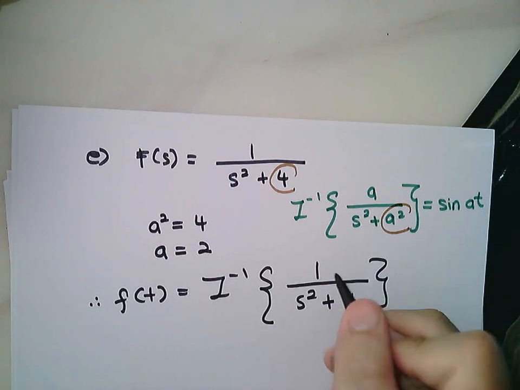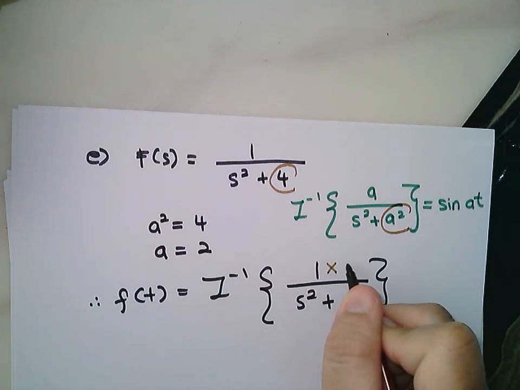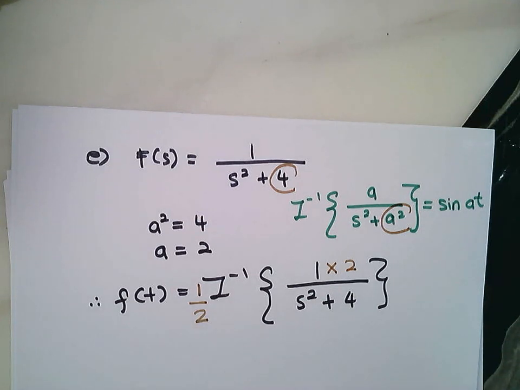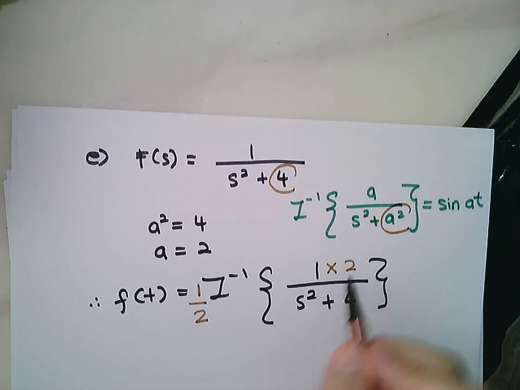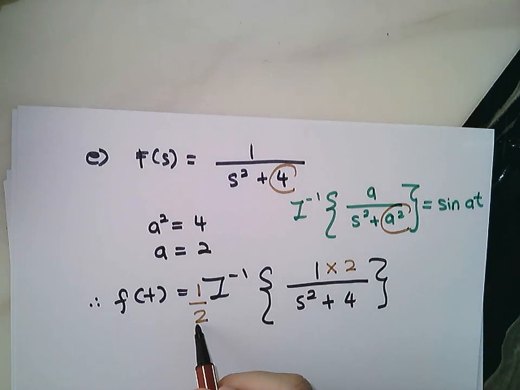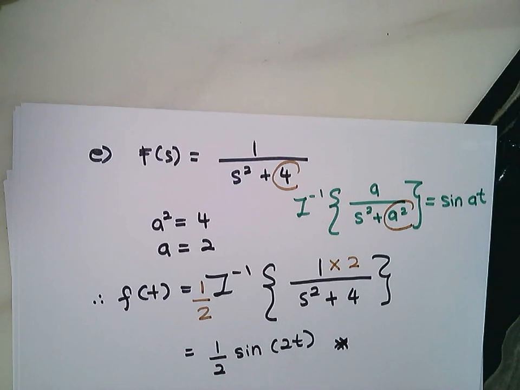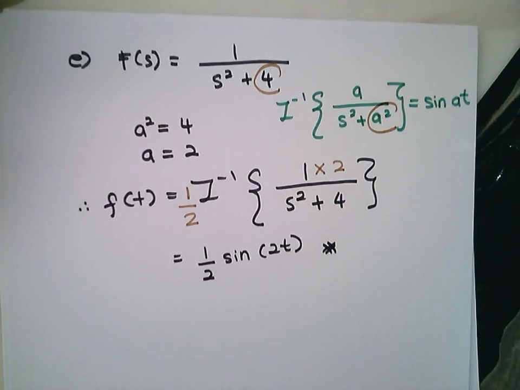So what you need to do is multiply by 2 and divide by 2. You multiply by 2, so you need to divide by 2. Therefore this is equal to 1 over 2 sine 2t.